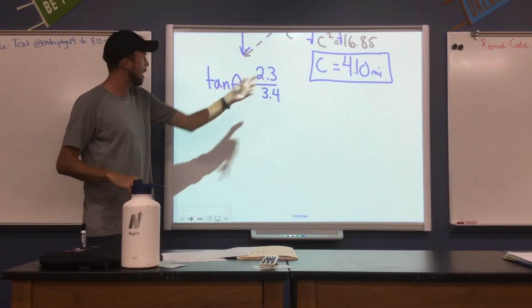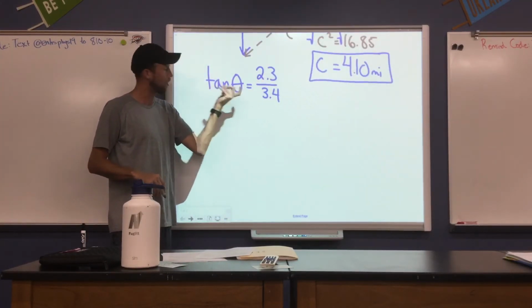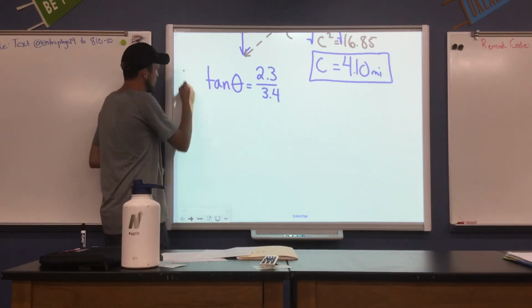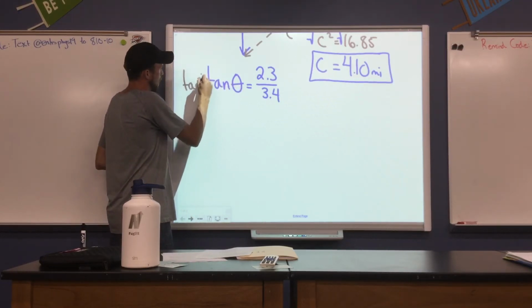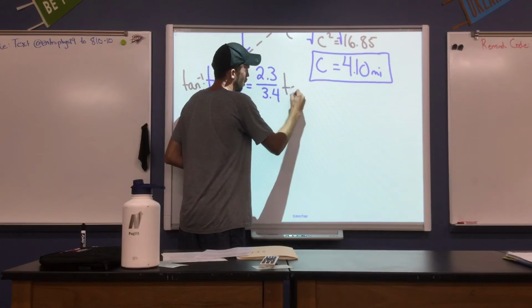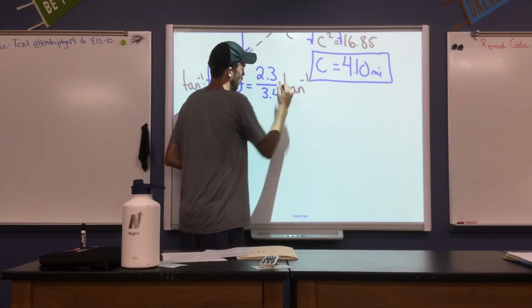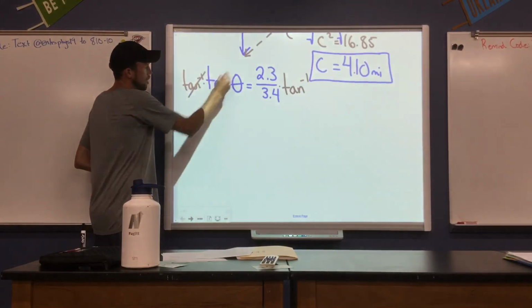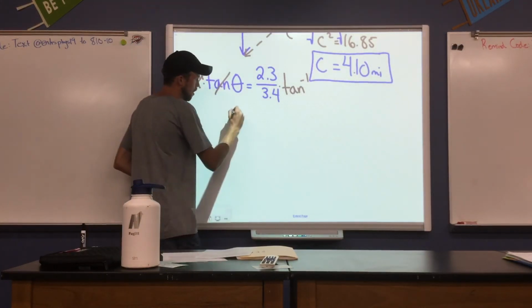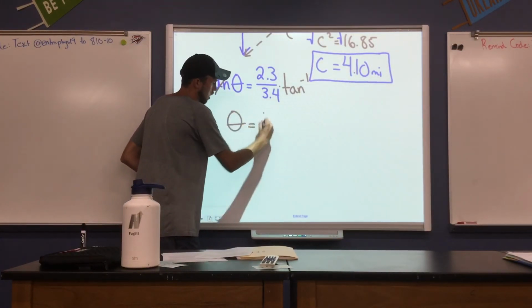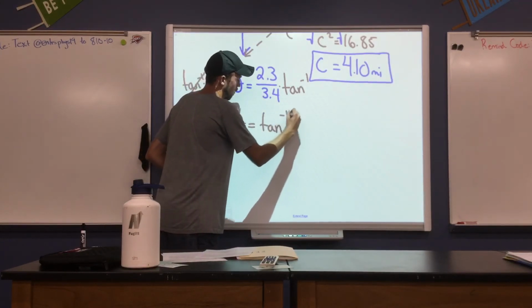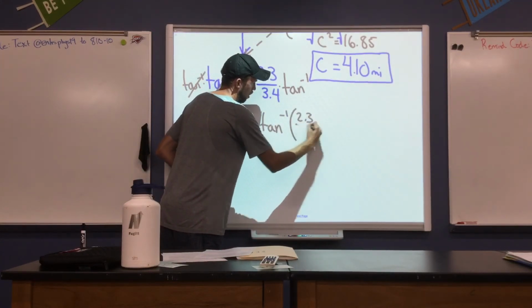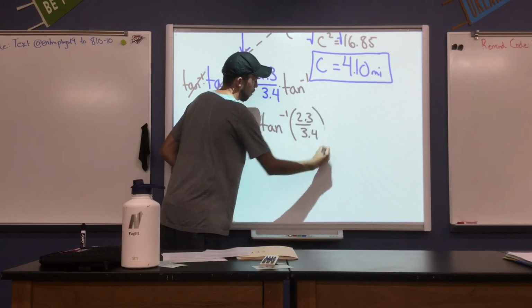To get theta by itself, we have to get rid of the tangent function, and as we talked about in class, we can use an inverse trig function. We apply the inverse on both sides, so tangent and inverse tangent cancel out, and theta is equal to the inverse tangent of 2.3 divided by 3.4.